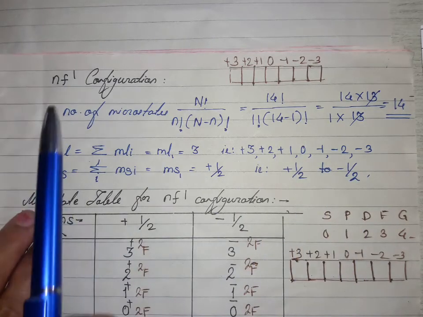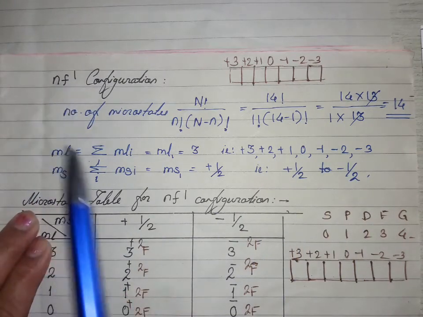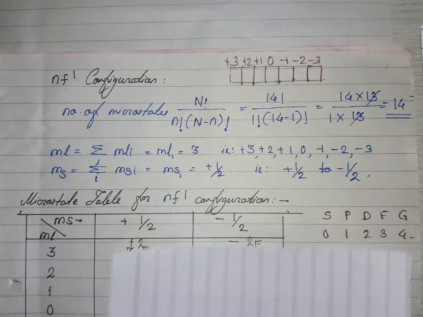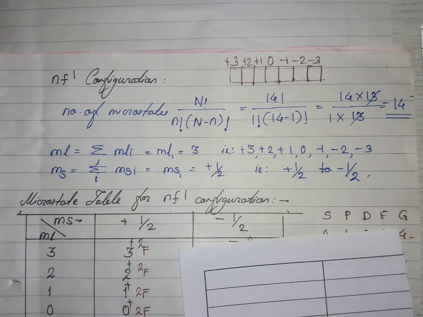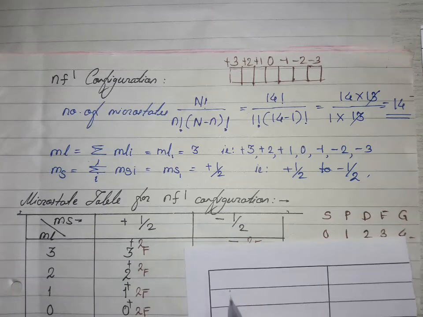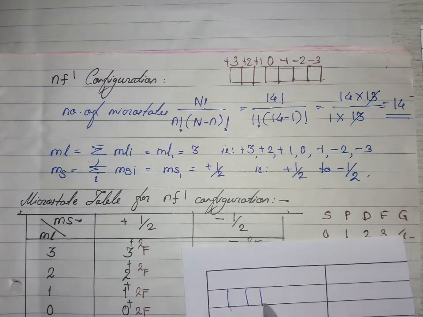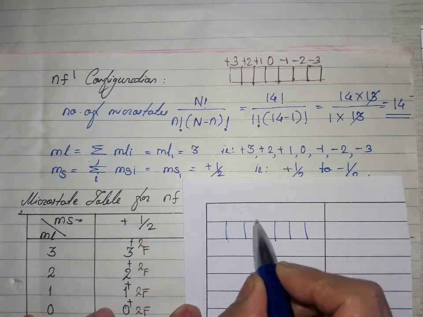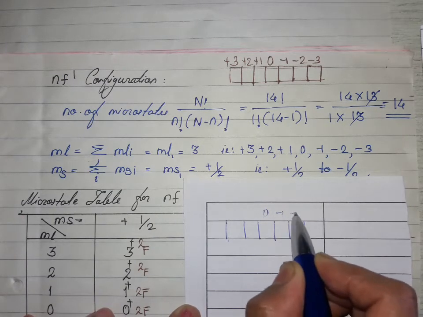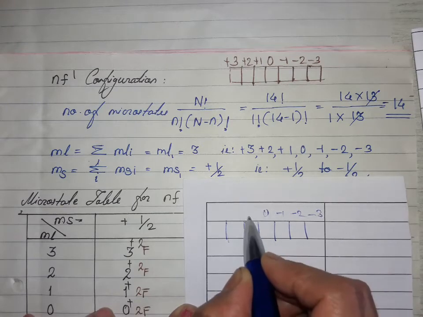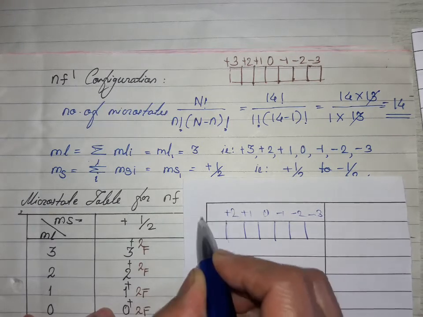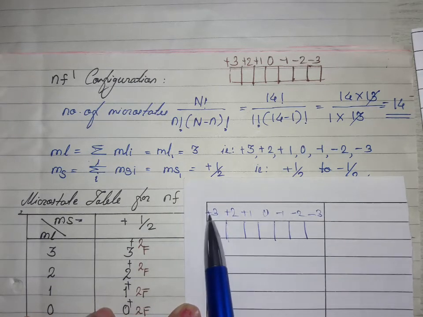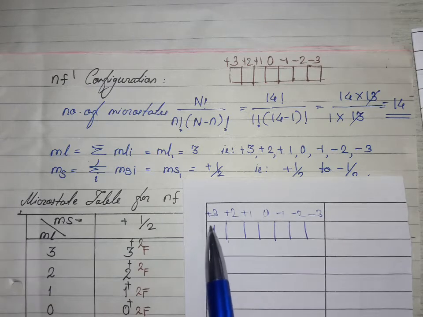And what about MS? There is only one electron in that configuration, and that electron gives positive spin. If we draw the f orbital, 1, 2, 3, 4, 5, 6, 7, with the 0 shell, minus 1, minus 2 and minus 3 shell, then plus 1, plus 2 and plus 3 shell, and we put one electron, then ML is equal to plus 3.